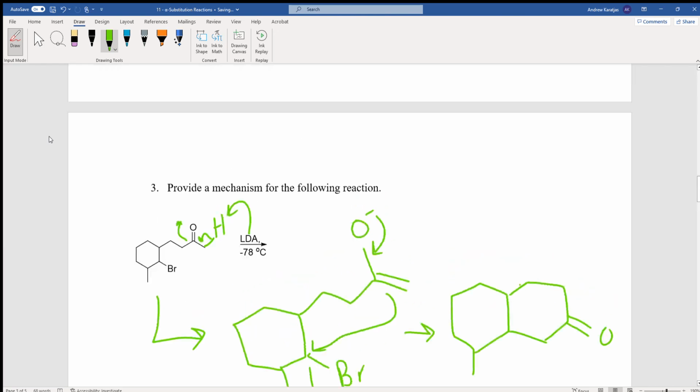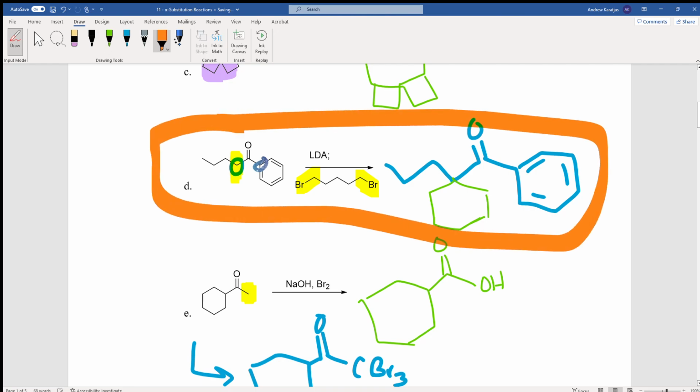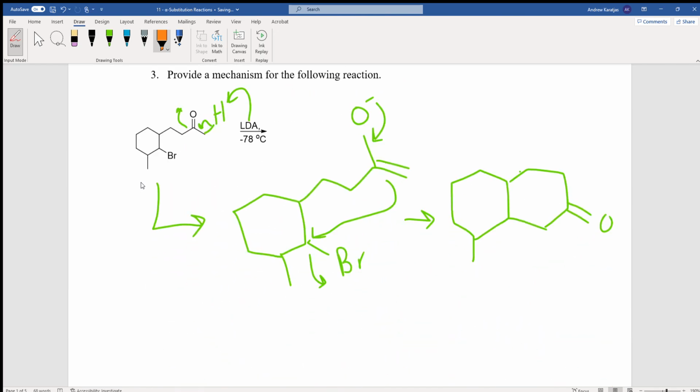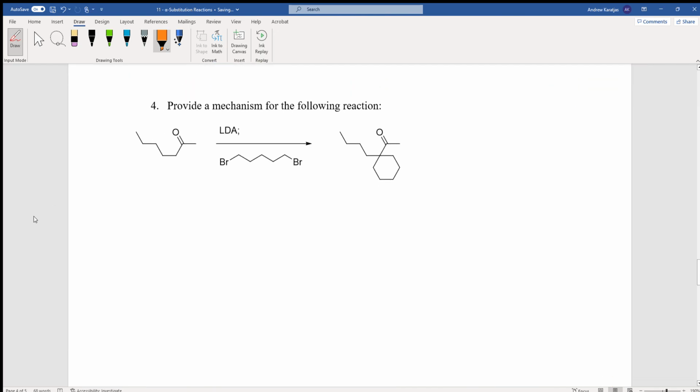Question 4, we're going to take a look at something very similar to what we saw in 1D. So if you weren't quite sure why we got that ring to form in 1D, this is not the exact same example, but it's extremely similar, and we'll be able to give you a more detailed explanation here. So again, with LDA, we're going to deprotonate to form an enolate.